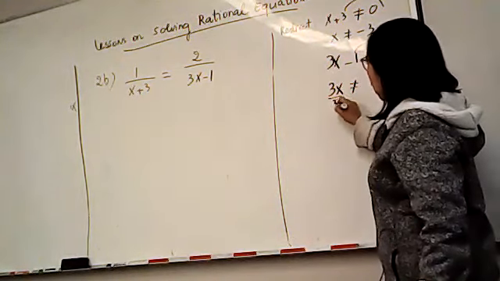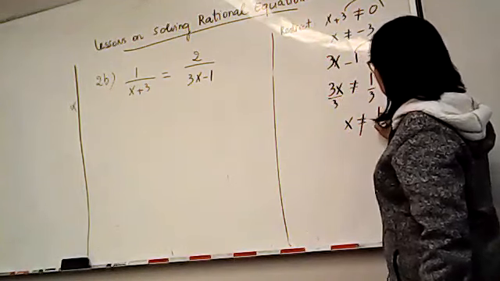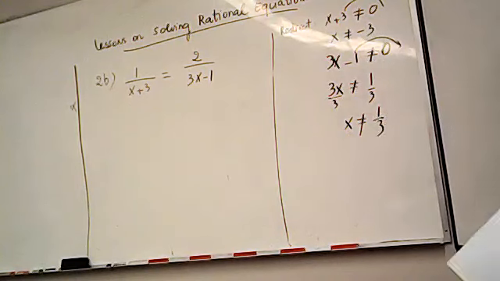Divide both sides by 3. X cannot be 1/3. Jay, do you have any questions? You okay with that? You understand it? Do we have to restrict?